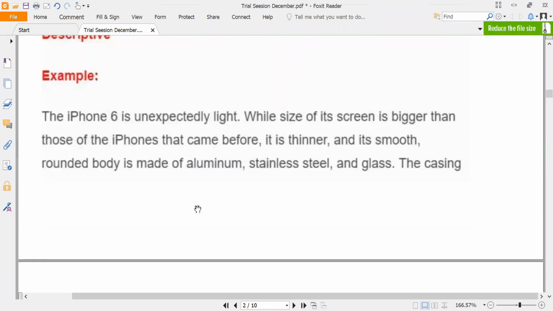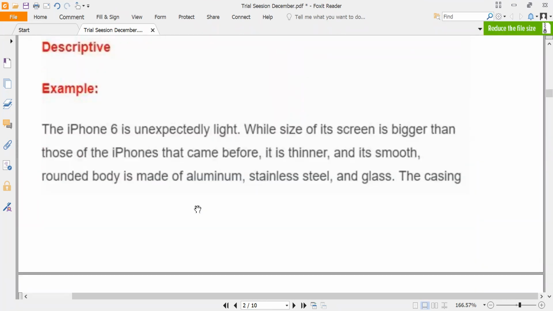Okay. Let's see this descriptive one. Read it, Jana. The iPhone 6 is unexpectedly light, while the size of its screen is bigger than those of the iPhones that came before.